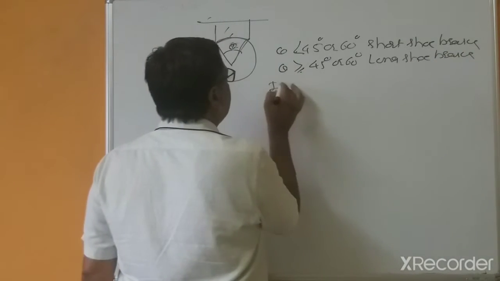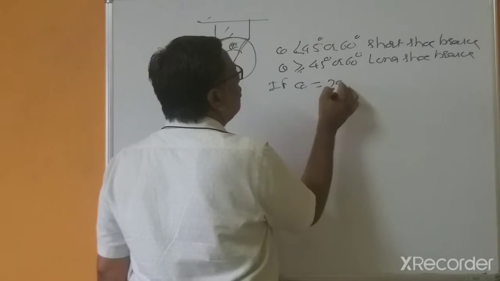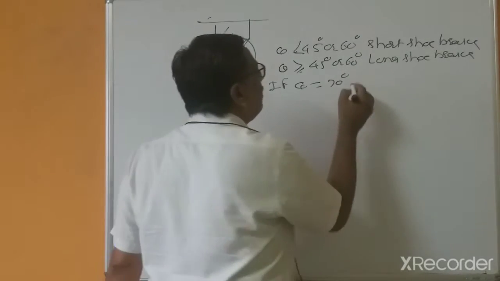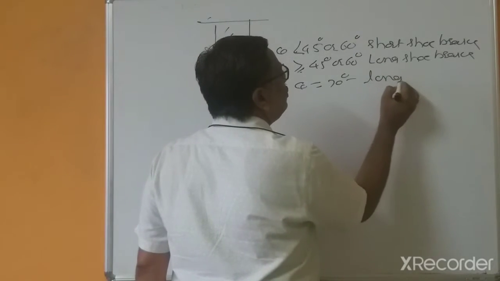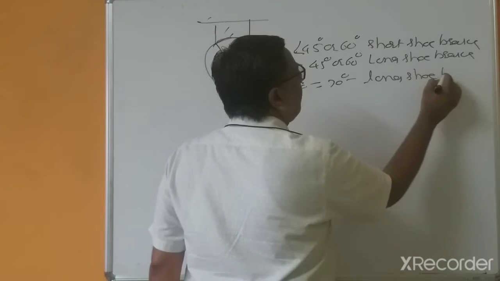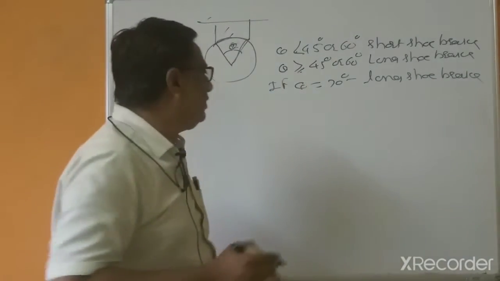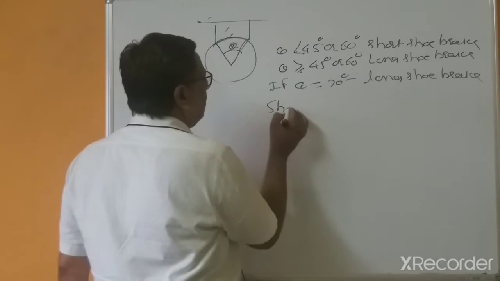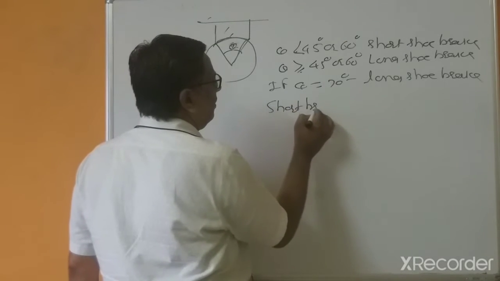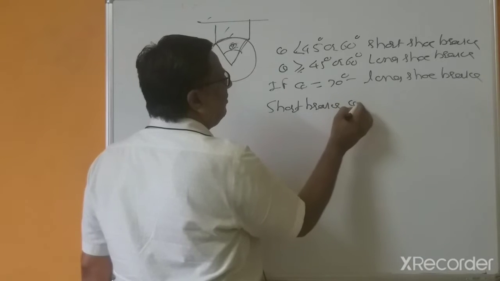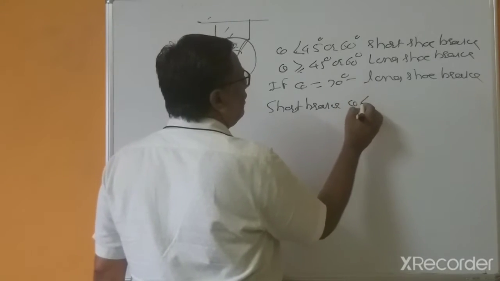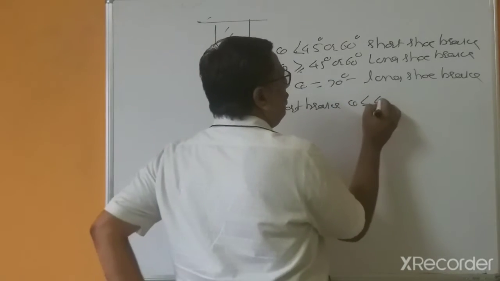So if theta equals 70 degrees, this is called a long shoe brake. In the short shoe brake, theta is less than or equal to 45 degrees.